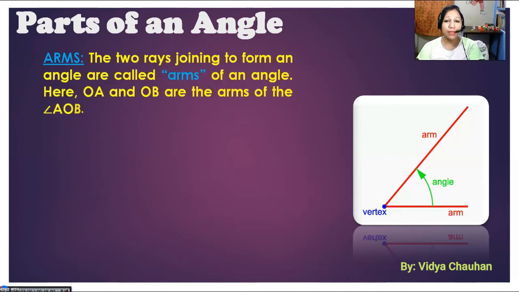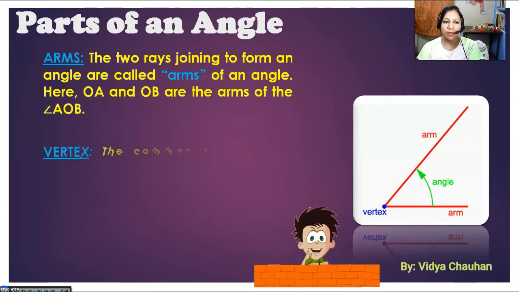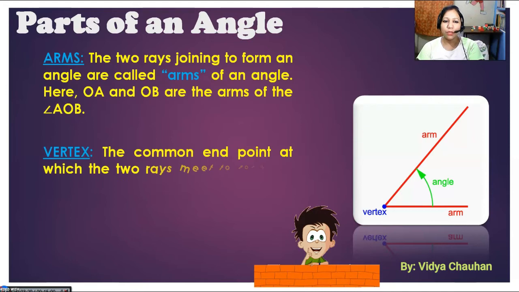The two rays joining to form an angle are called arms of an angle. Here OA and OB are the arms of angle AOB, as we have seen in the image of angle AOB. Next is our vertex. And what is a vertex?